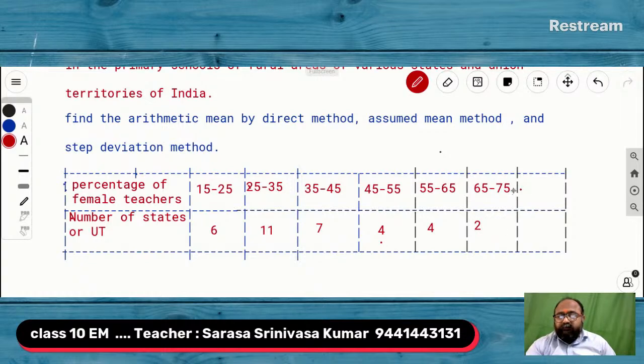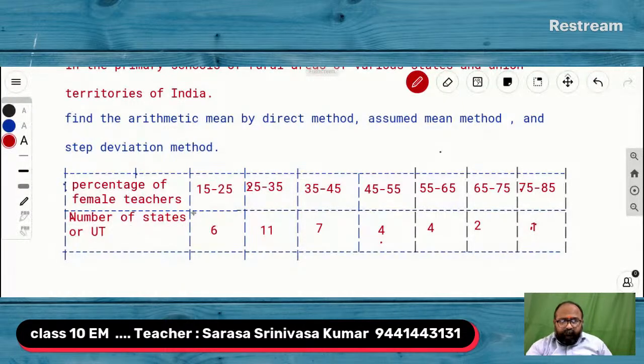Next class interval is 75 to 85. Then we have the number of states or union territories.